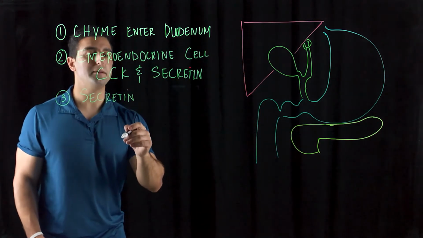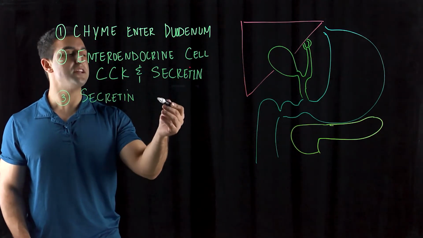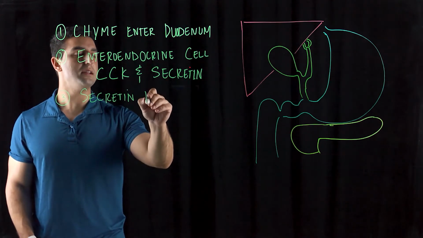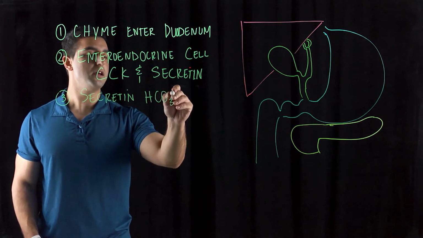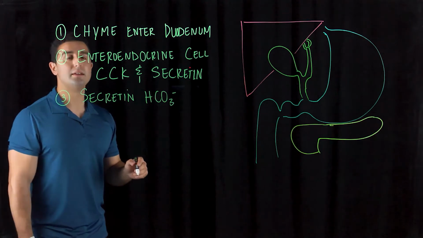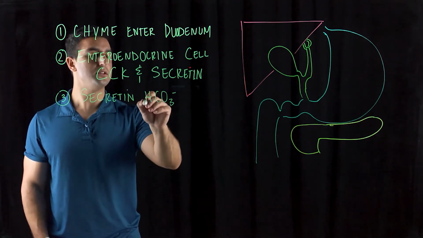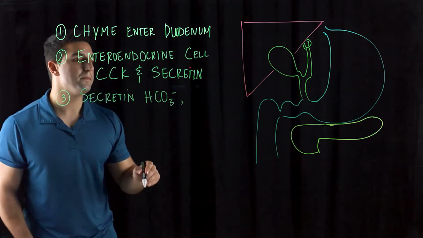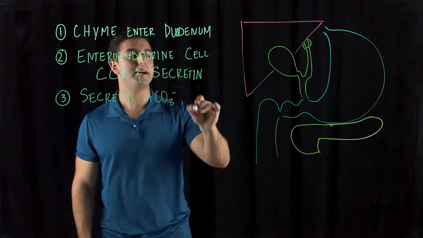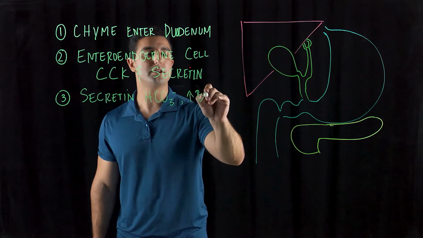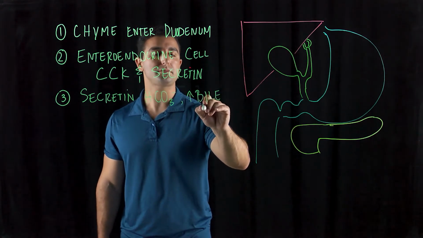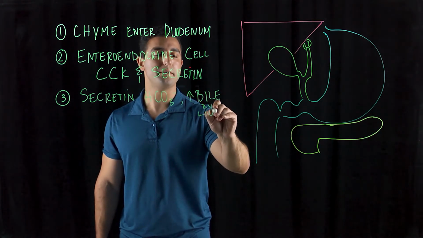So secretin is taking advantage of the exocrine function of the pancreas, releasing bicarbonate, HCO3. Is that a base or an acid? It's a base, right? Because you want to neutralize the acid. And it also migrates to the liver to allow for the production of more bile. So, increased bile production by the liver. That's very important.